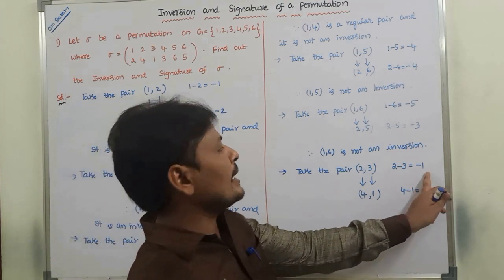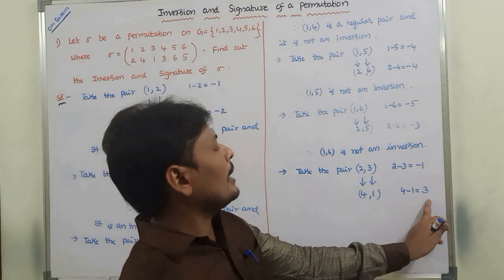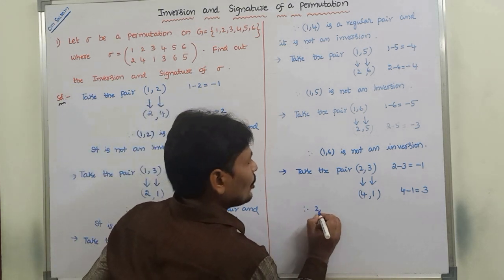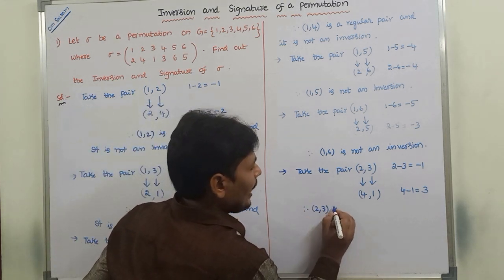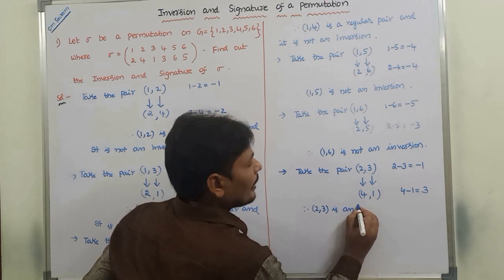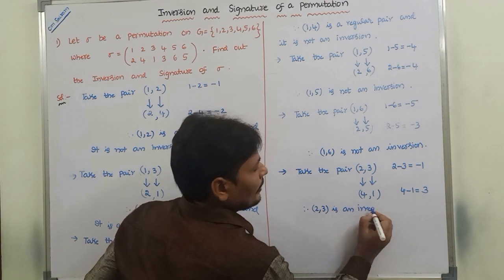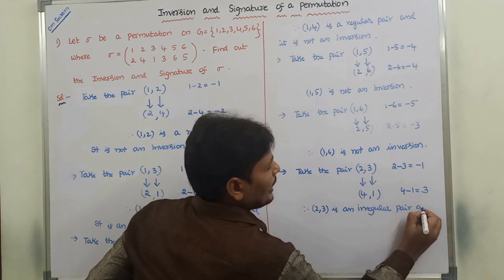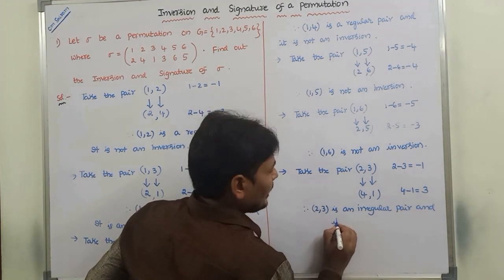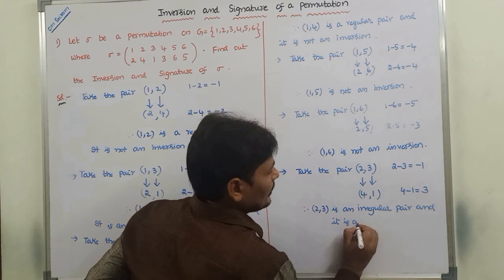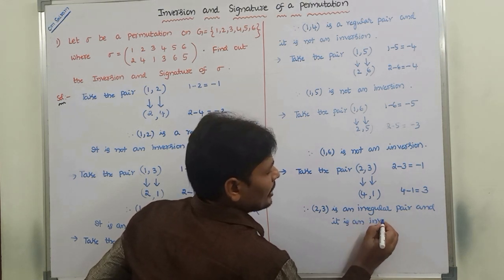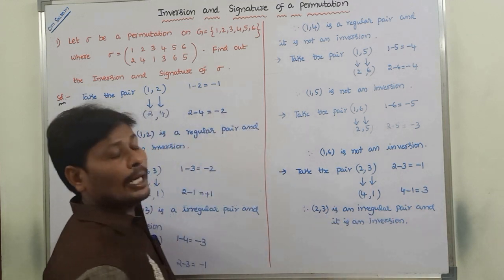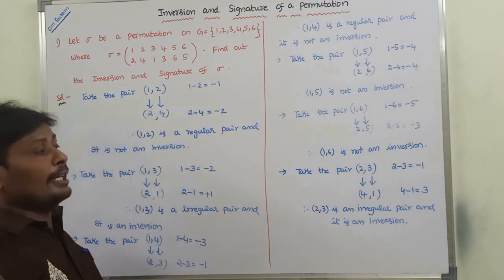So here one result is negative and one result is positive. Therefore the pair 2,3 is an irregular pair, and it is an inversion, because every irregular pair is called an inversion.